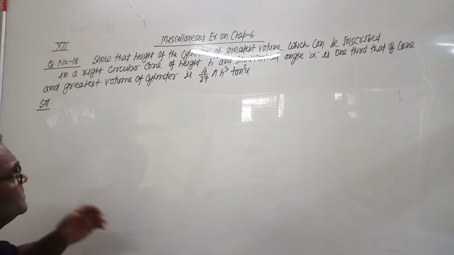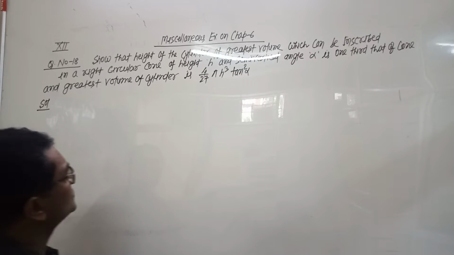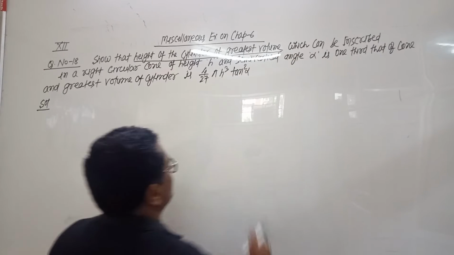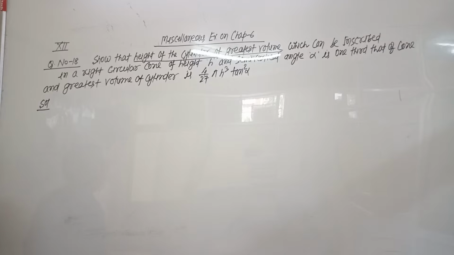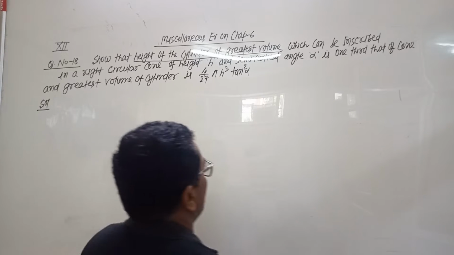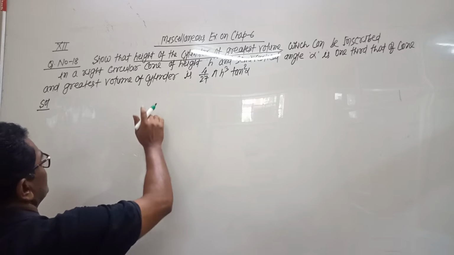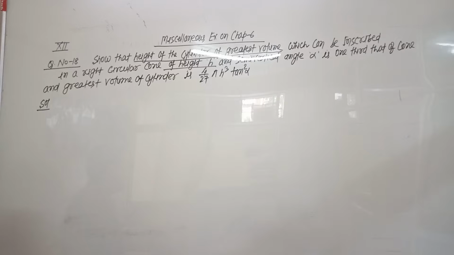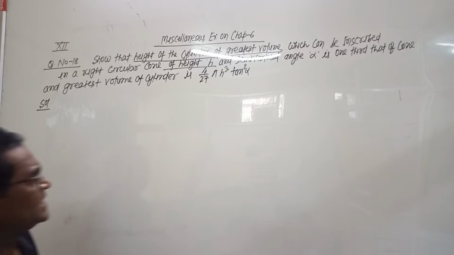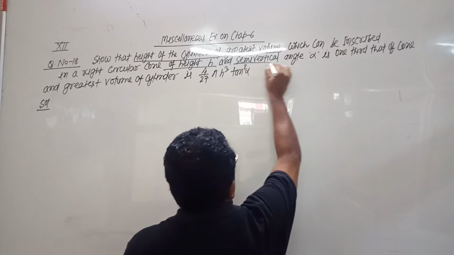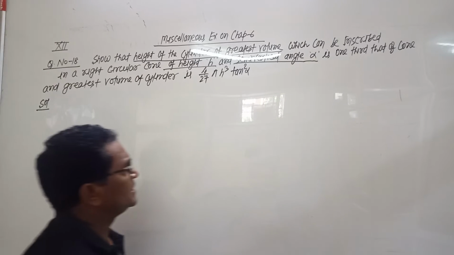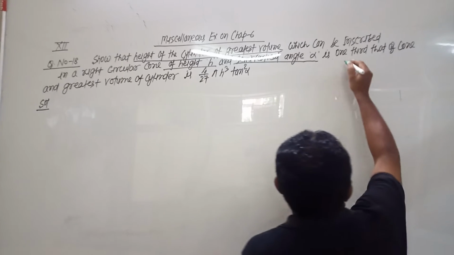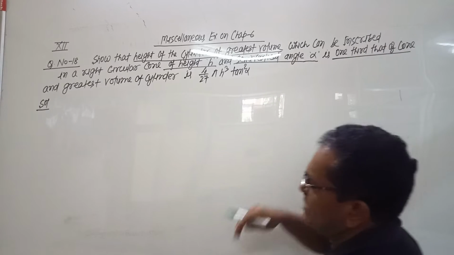Show that the height of the cylinder of greatest volume, described in a right circular cone of height h and semi-vertical angle alpha, is 1/3 that of the cone.